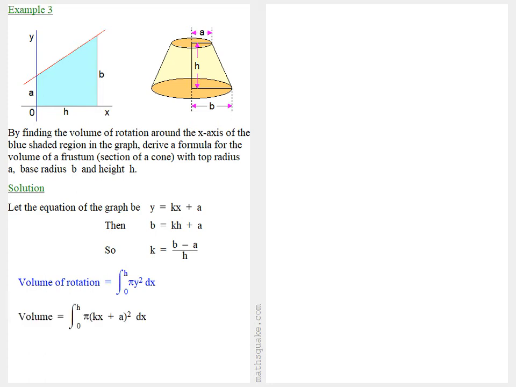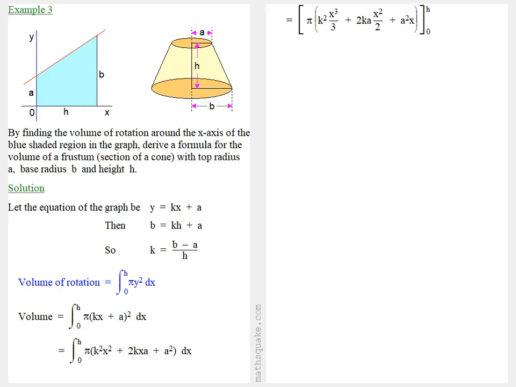So we have the volume is equal to the integral between 0 and h of pi times (kx plus a) all squared dx. And if we expand (kx plus a) all squared, we get the volume is equal to the integral of pi times (k squared x squared plus 2kxa plus a squared) dx.